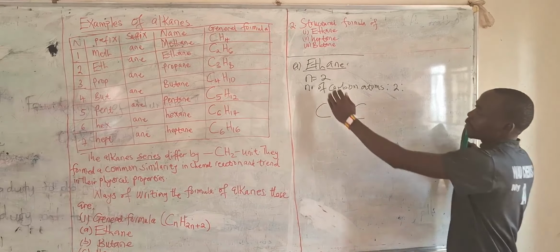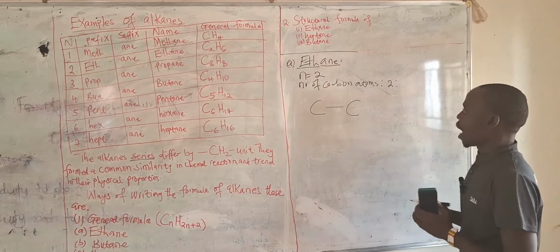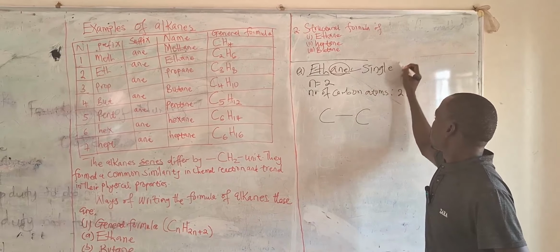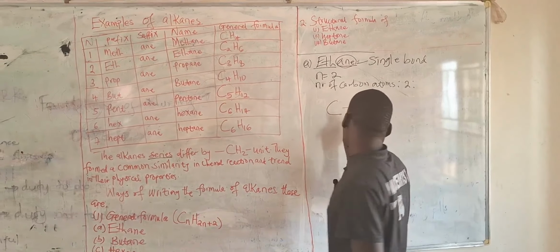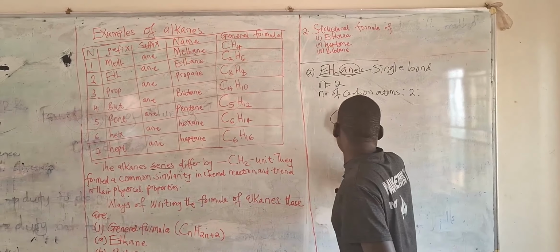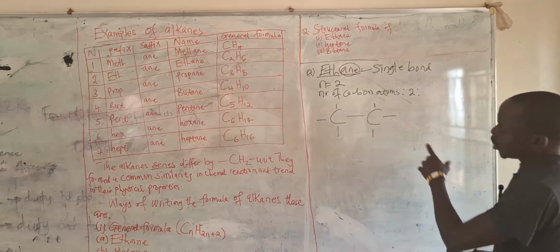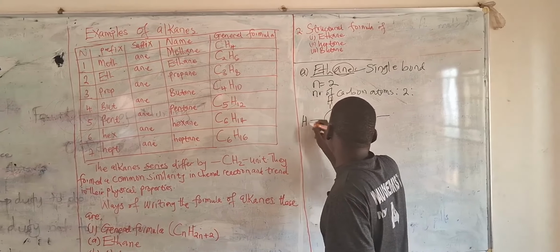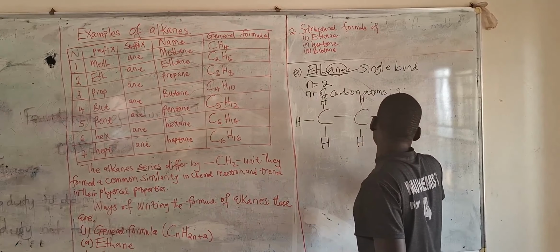So from ethane, we have seen we have 2 carbon atoms, and because of this, they have what we call a single bond. If there's a single bond between the carbon atoms, it is already indicated, and carbon is supposed to have 4 bonds. So we shall put this like this, and in this way we shall be in a position to add hydrogen here, here, here, and here.